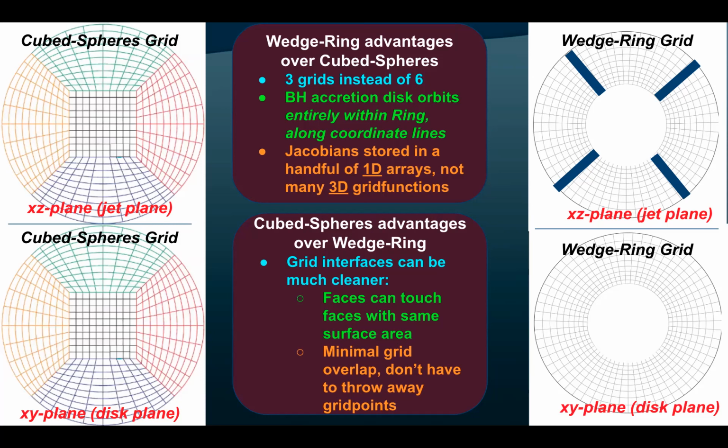There's minimal grid overlap. You don't have to throw away hardly any grid points. Again, every grid point can matter. But that being said, both have advantages, both have disadvantages. There's no perfect grid structure. Obviously, I have a slight preference toward wedge ring, but of course, I'm biased. So next slide.